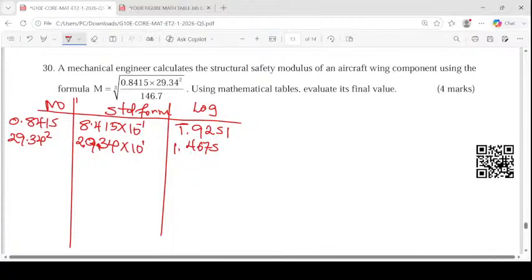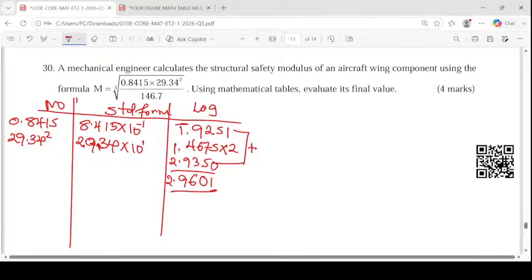And because it was squared, we are going to multiply this log by 2. 1.4675 times 2, you are going to get 2.935. And because we are multiplying, we are going to add this 2.